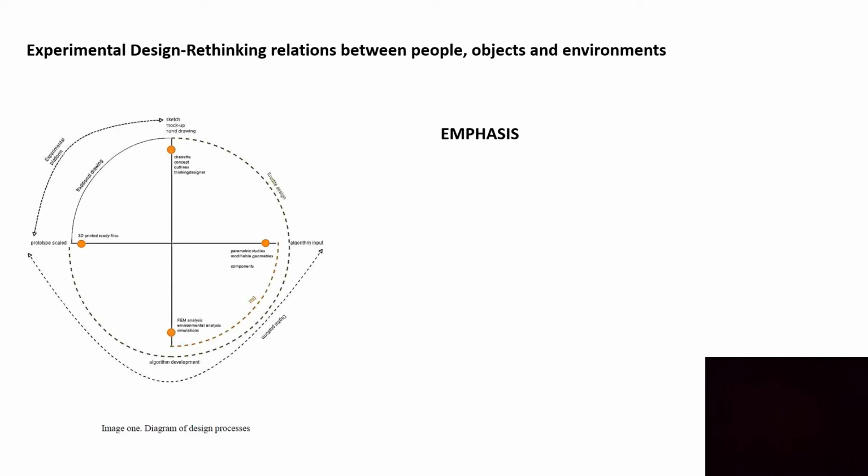This is the diagram which shows the design process, all of the design processes which are going to be introduced in this presentation. These processes include the traditional design process, the BIM process, and the erudite design process.